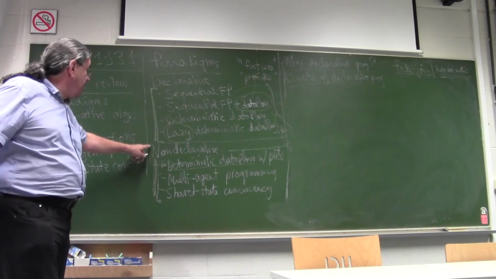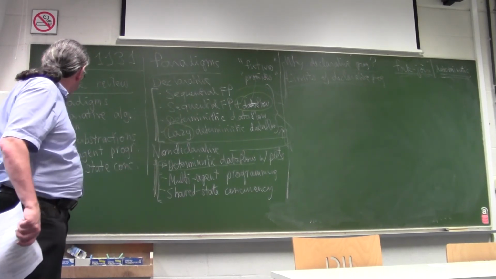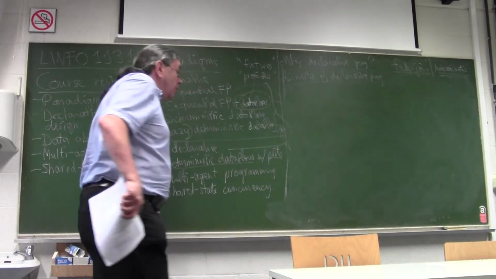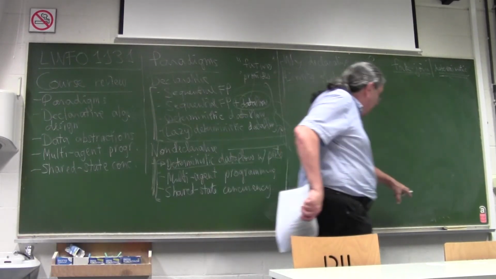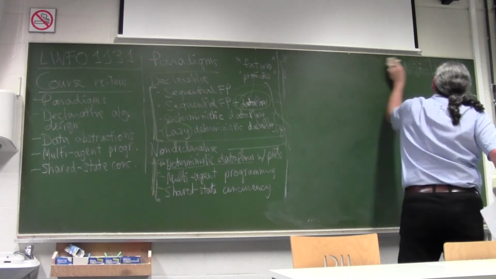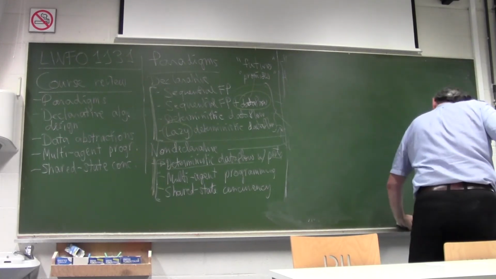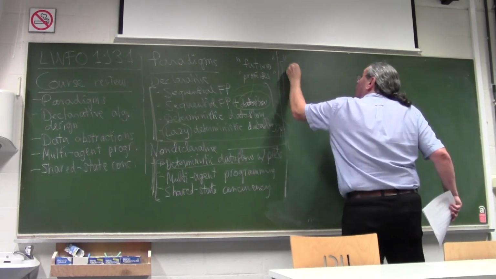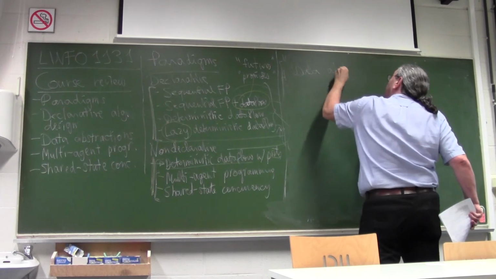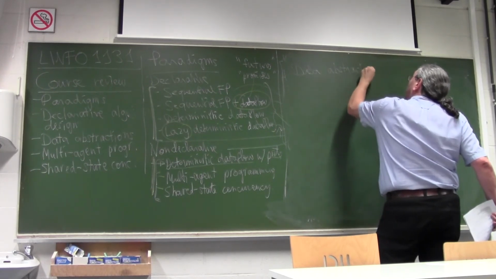So we have these other paradigms. Let me say a few words now about other things. Let me say a few words about data abstractions. Data abstraction is orthogonal to the declarative, non-declarative divide.